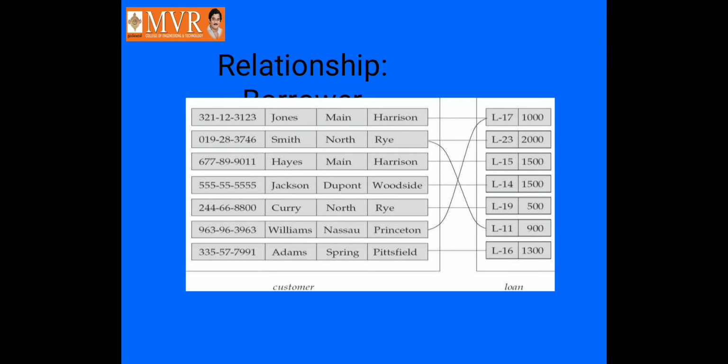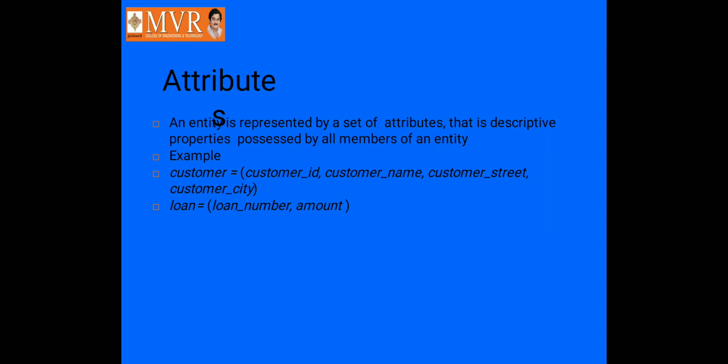These values we call attributes. There is a customer ID, customer name, customer street, and customer city. All these members we call attributes. These attributes are related to the entities.